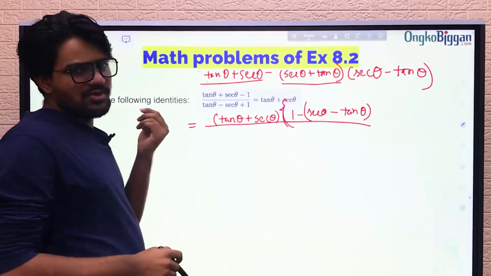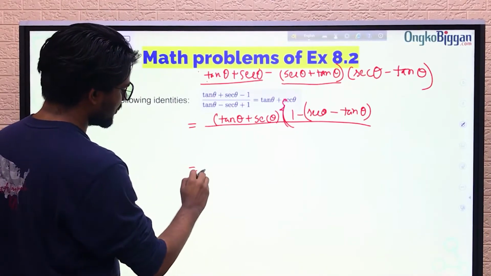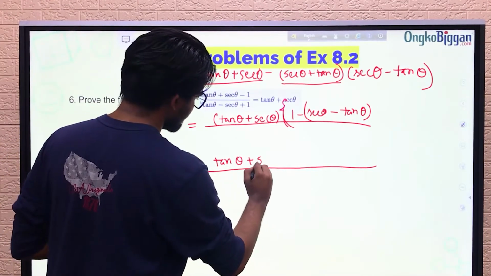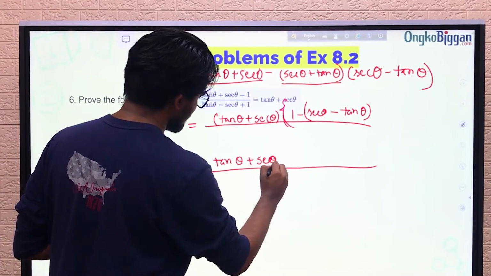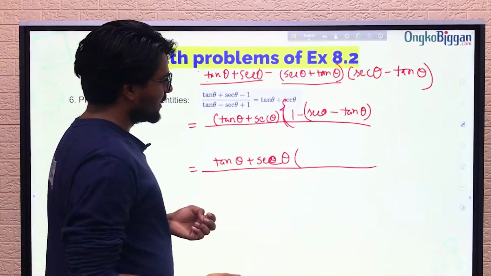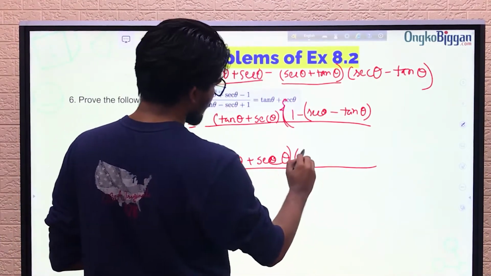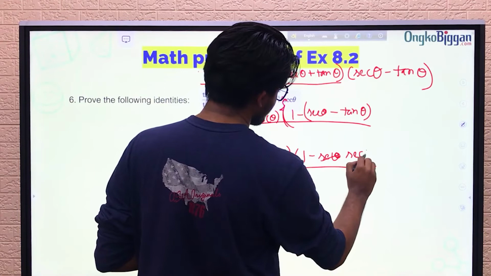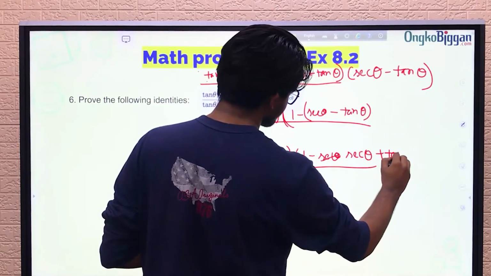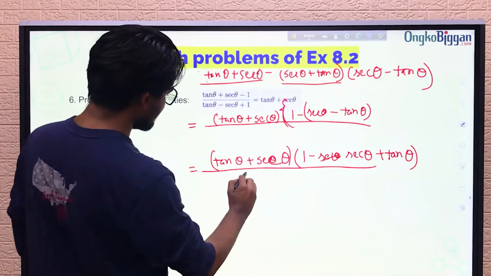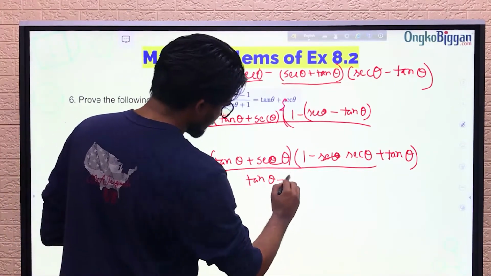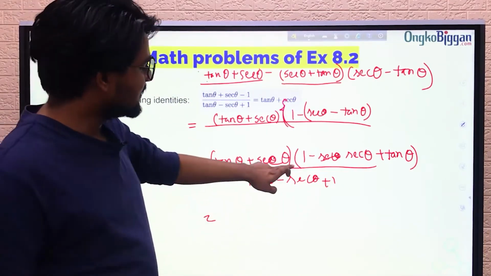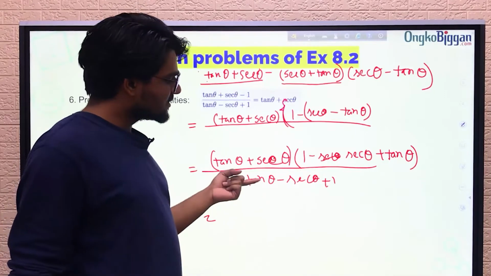I am not writing the denominator because it is staying in the original form. So in the next line, tan theta plus sec theta multiplied by (1 minus sec theta plus tan theta), and the denominator was tan theta minus sec theta plus 1.